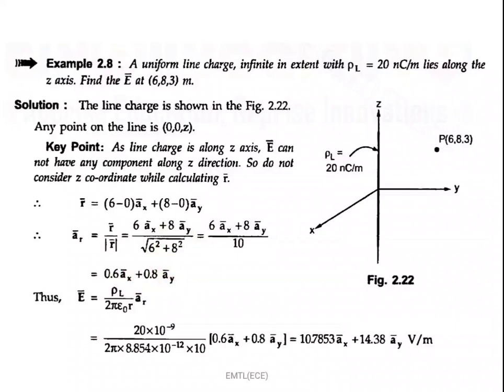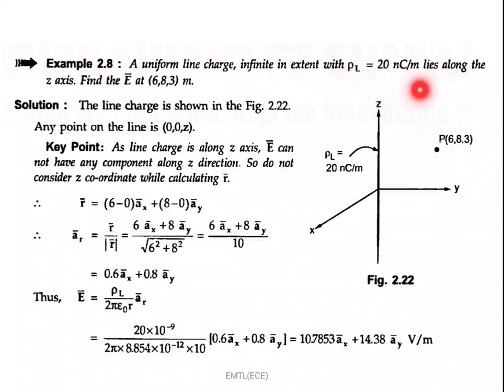Now we have to find the electric field intensity at the point P. This is the other form of the expression for electric field intensity when line charge density is given in the problem, that is E bar is equal to ρL by 2π ε0 r ar bar.